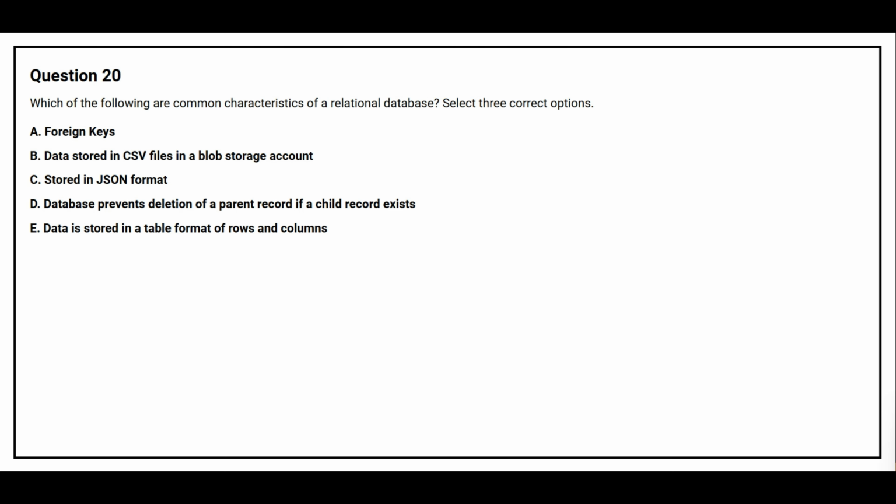Option D, database prevents deletion of the parent record if the child record exists. Option E, data is stored in a table format of rows and columns. The correct answers are option A, foreign keys. Option D, database prevents deletion of the parent record if a child record exists. Option E, data is stored in a table format of rows and columns.